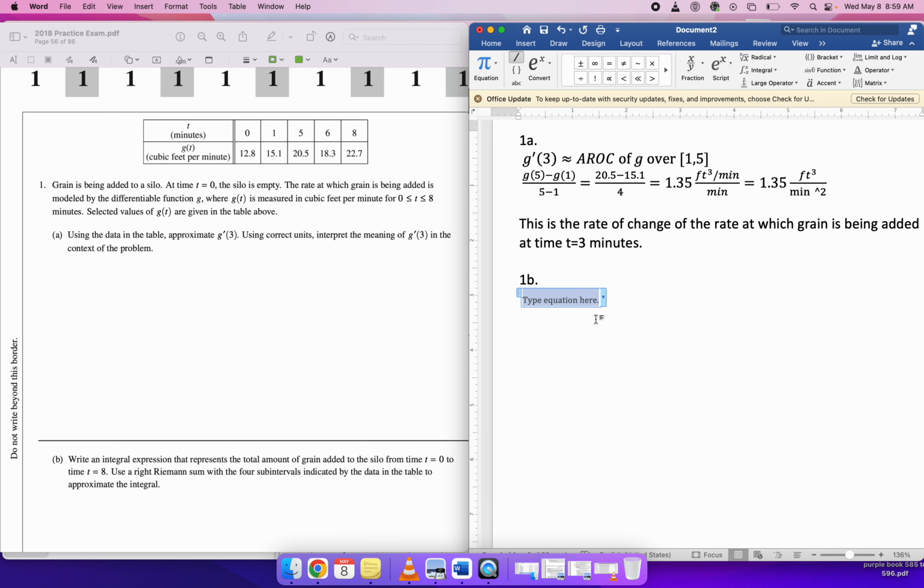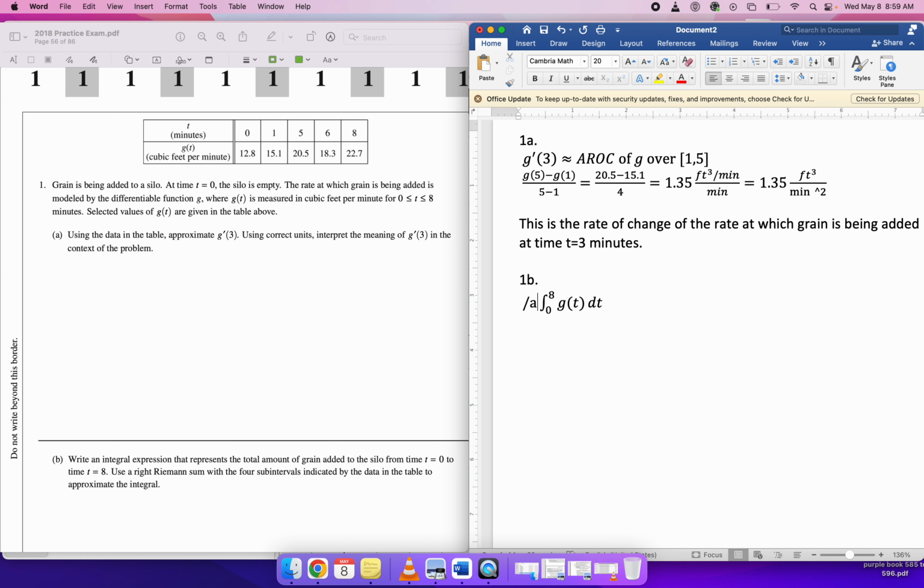So if you integrate, it's kind of like a rate-in function. If you integrate this from 0 to 8, that would give you the amount of grain which is added. So we could say amount added equals this right here, is what I would write.